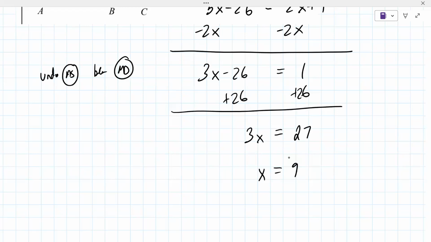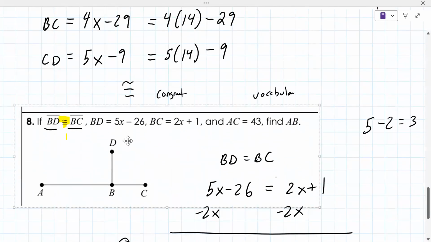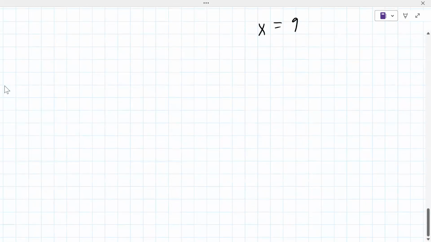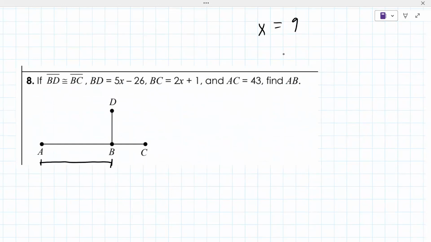Good. All right. So we're making good progress here. We found x. Let's go back to the original problem and let's see what it's actually asking for. Sometimes you get so down into the problem, it's like, what are they even asking for? They don't actually ask you for x. They actually just want the value of AB. You might be wondering, why did we even do that? Well, we need to first find the value of BC.